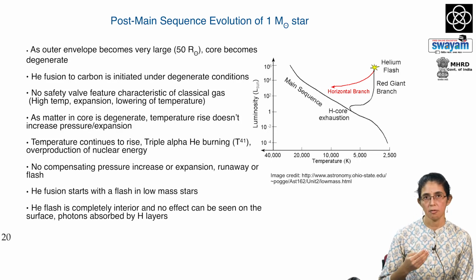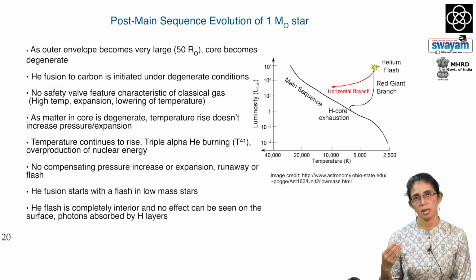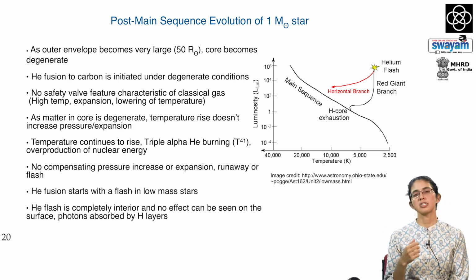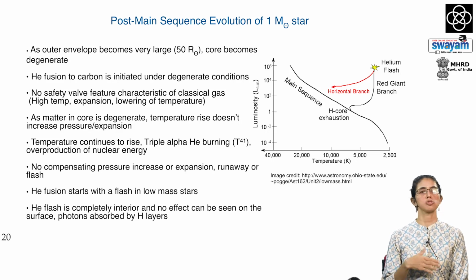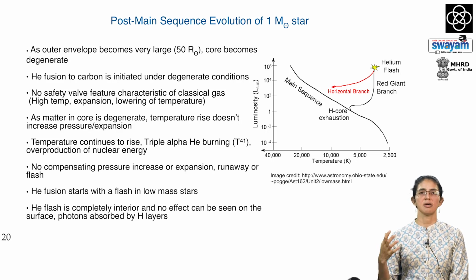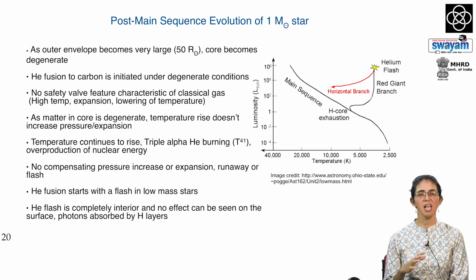In fact, we have seen that it goes as temperature to the 41st power, which means the rate of the reaction rises steeply with temperature. More and more helium continues to burn, producing more and more heat. As a result, so much energy is generated that the electrons are transferred to the outer energy levels, that is, the system becomes classical and the degeneracy is lifted. This process is known as the helium flash.